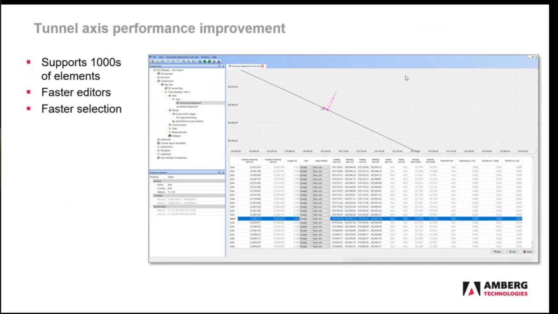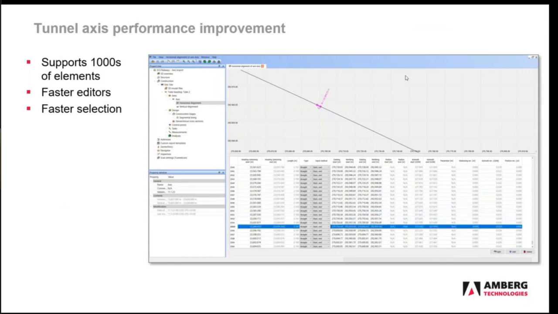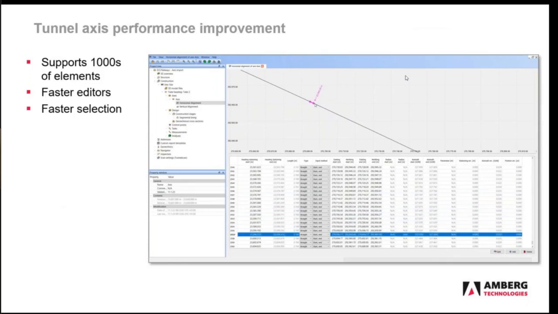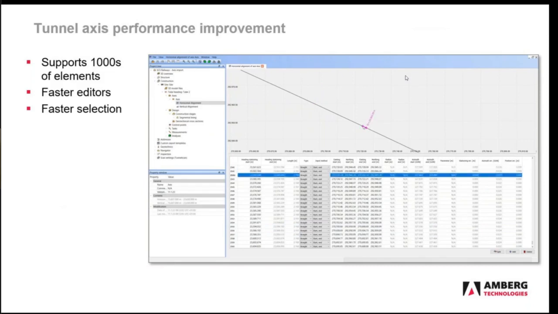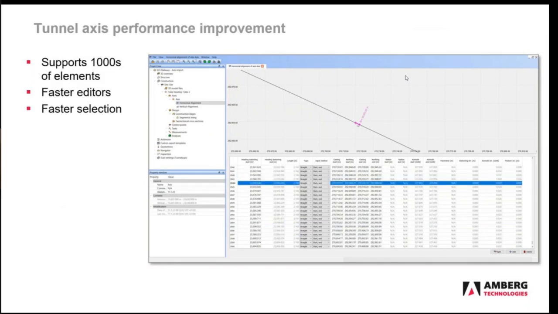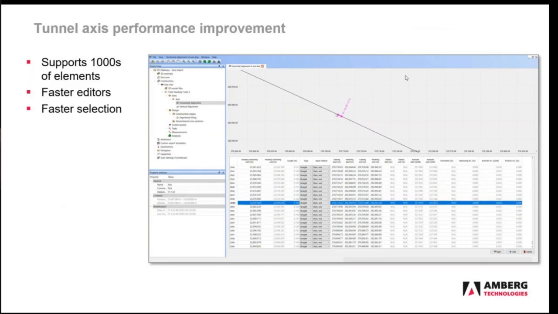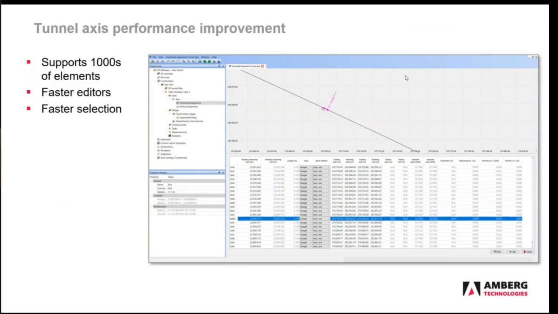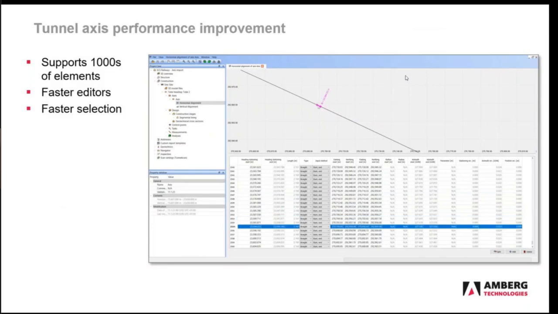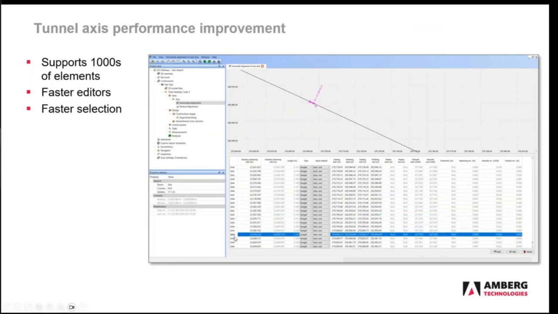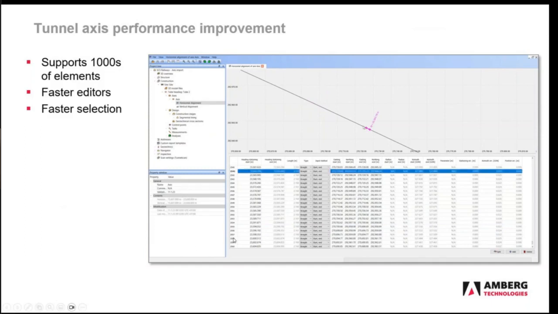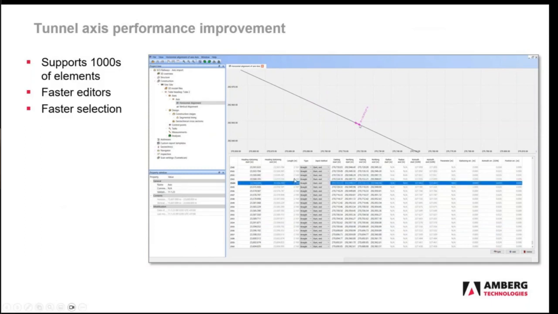But more and more we're seeing people modifying their workflow where they're working with alignments that are built up of a series of small straights. And the problem here is that it results in perhaps thousands of elements, like what we see here. We have 2,500 and more elements, all consisting of small 2-meter segments.